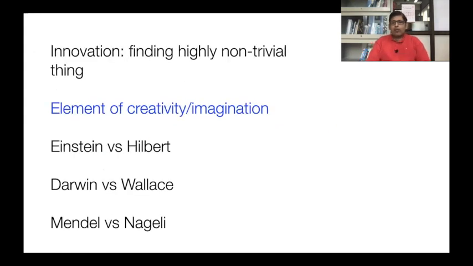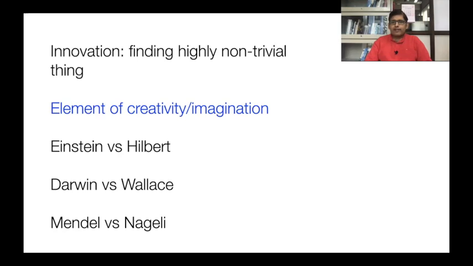When we talk about innovation, this is basically finding something non-trivial. Apart from all this method, there is an element of creativity and imagination involved. So people typically talk about art as creativity, but in my view, there is also some kind of creativity and imagination involved in scientific discovery as well.